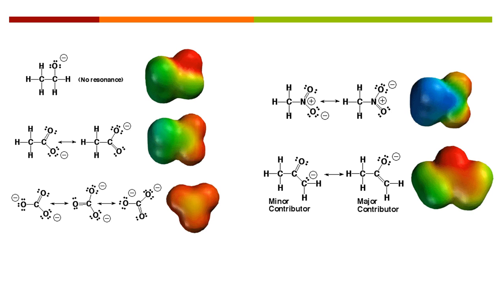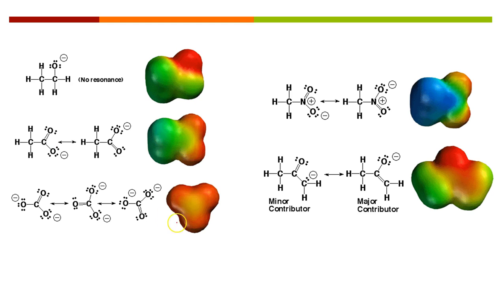be okay. Okay, so in this structure here, we don't have resonance because there's no adjacent atom with a lone pair on it. So when we jump to this structure here, we do have resonance because we've got these two oxygens.